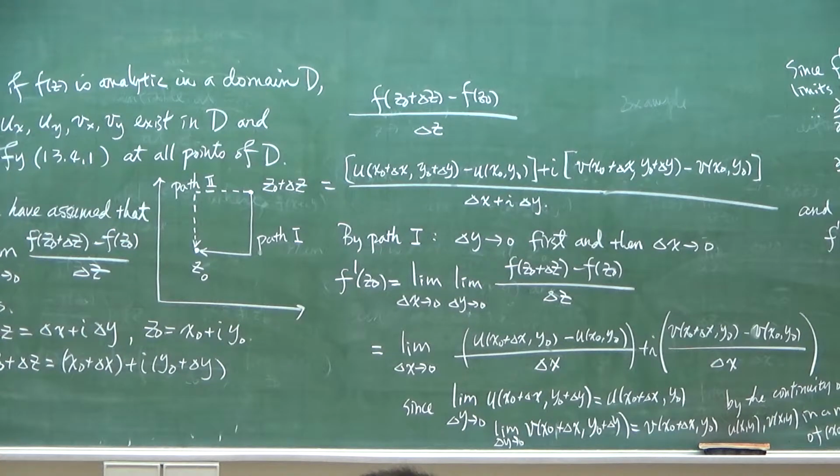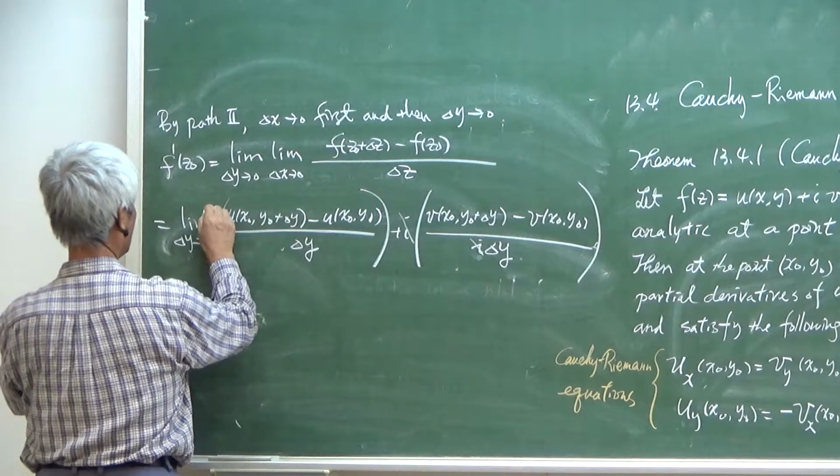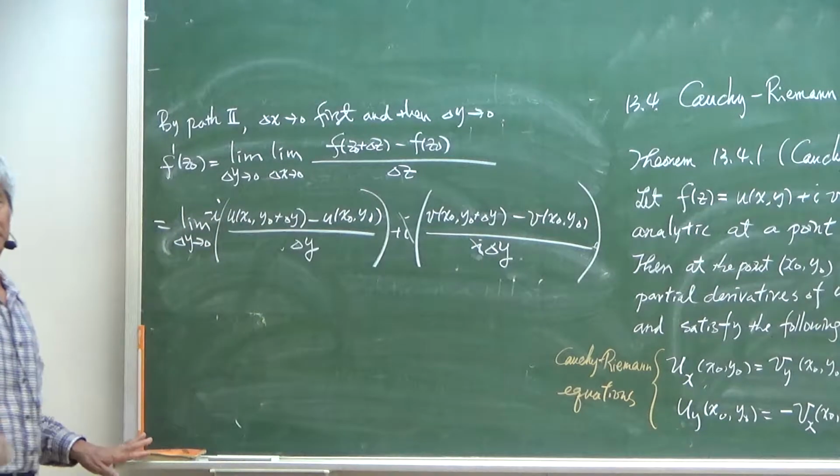And here we have v of x0, y0 plus delta y minus v of x0, y0, and here is i delta y. Okay, so now we manipulate: the i cancels, and the i becomes minus i here.